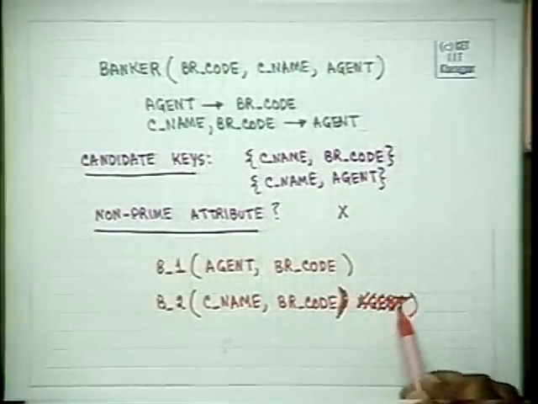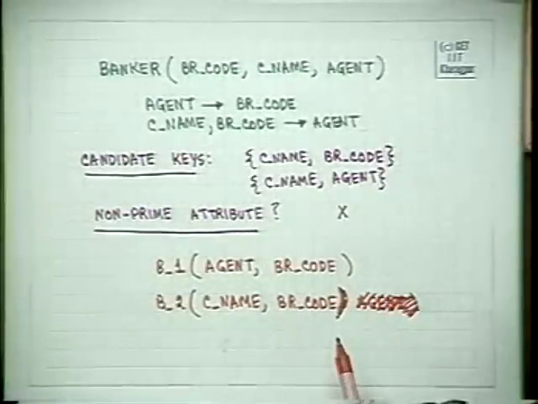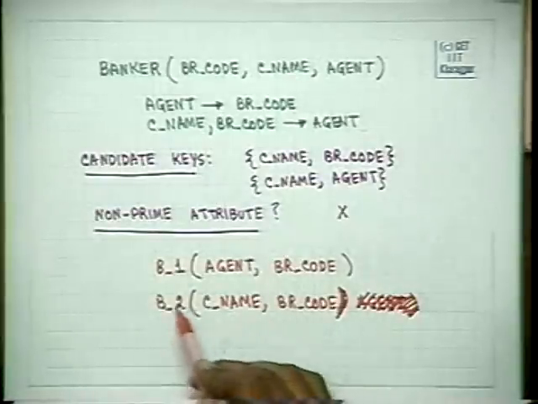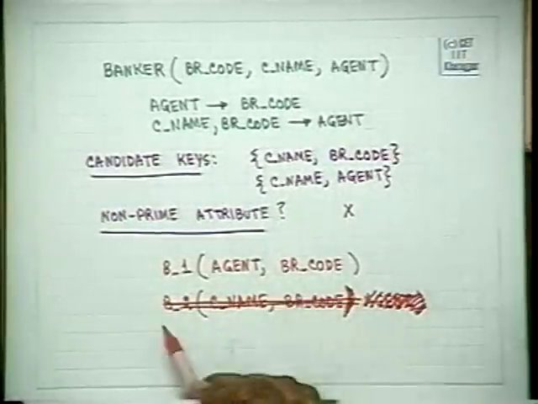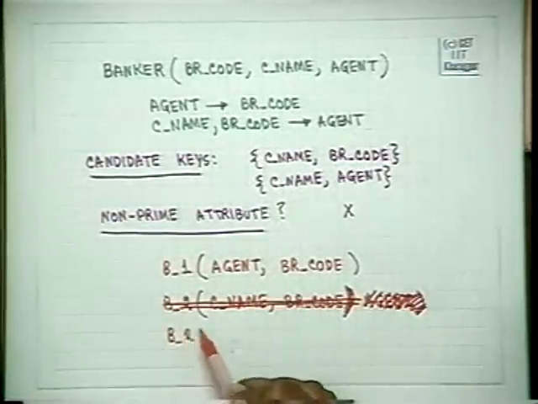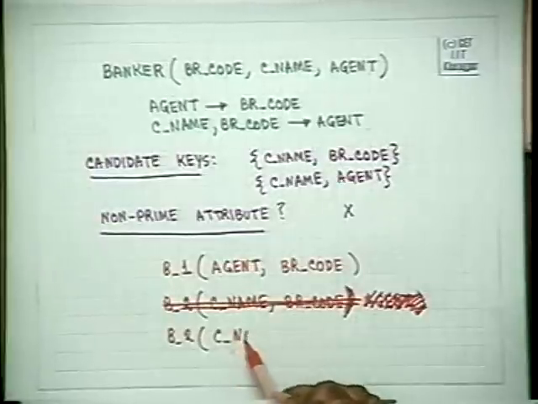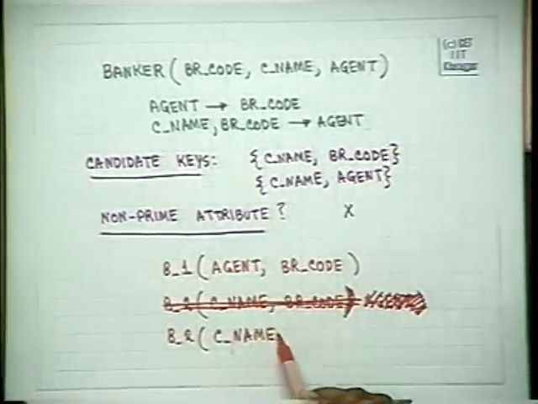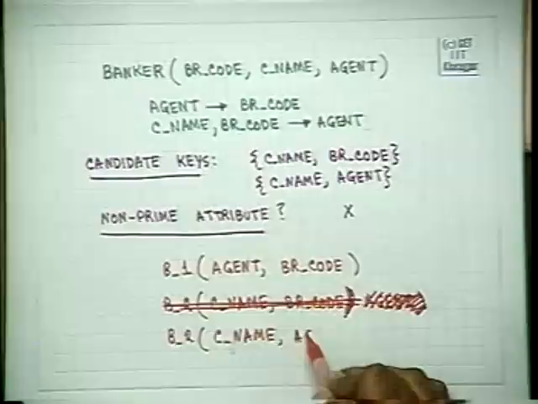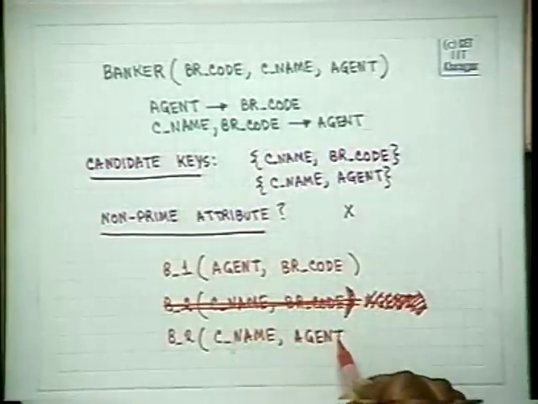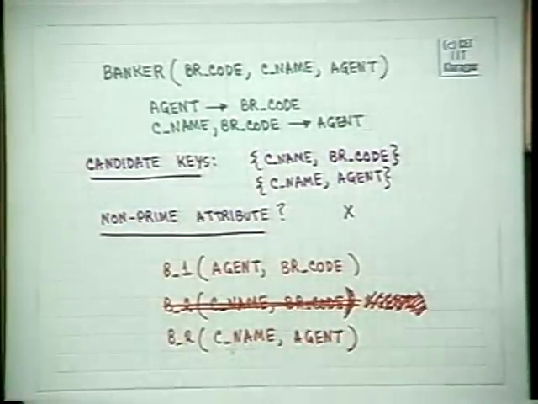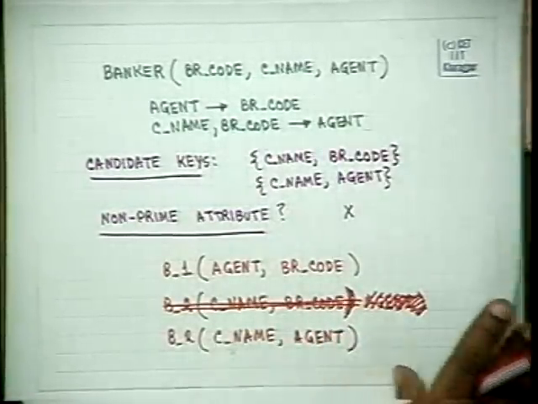Why will agent be there? Agent is not. No. This is customer name and agent. This is the correct decomposition. I'll do it again once more.